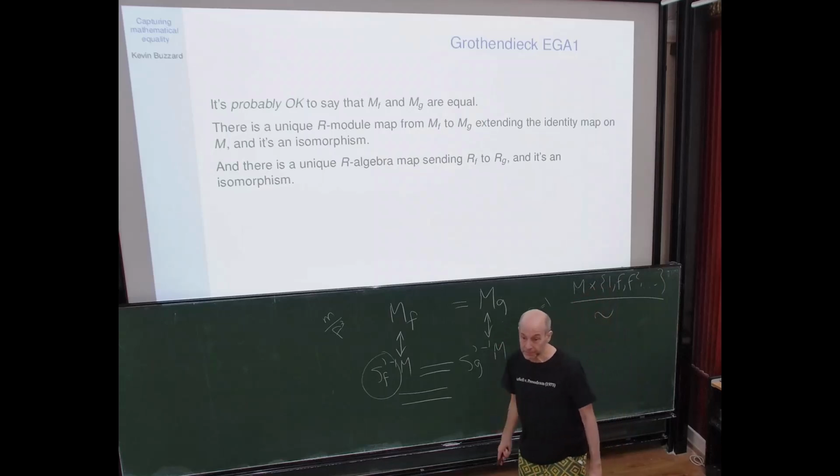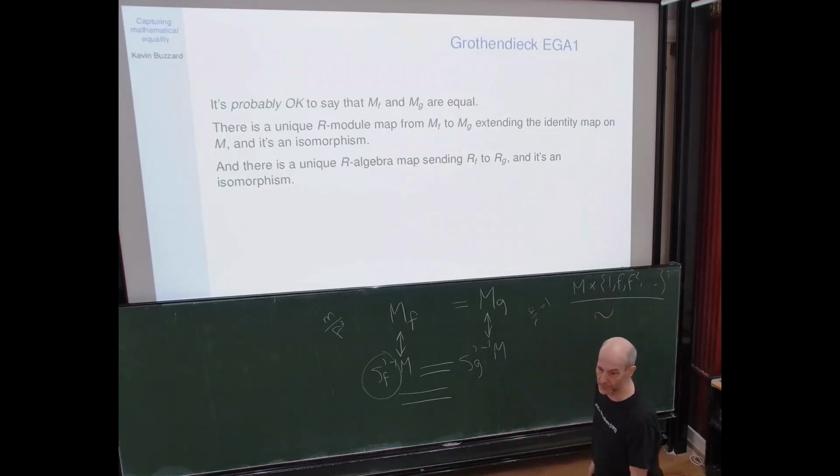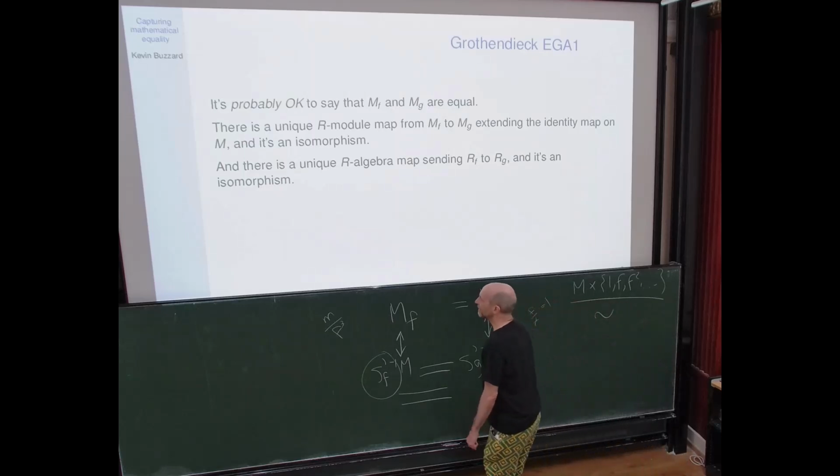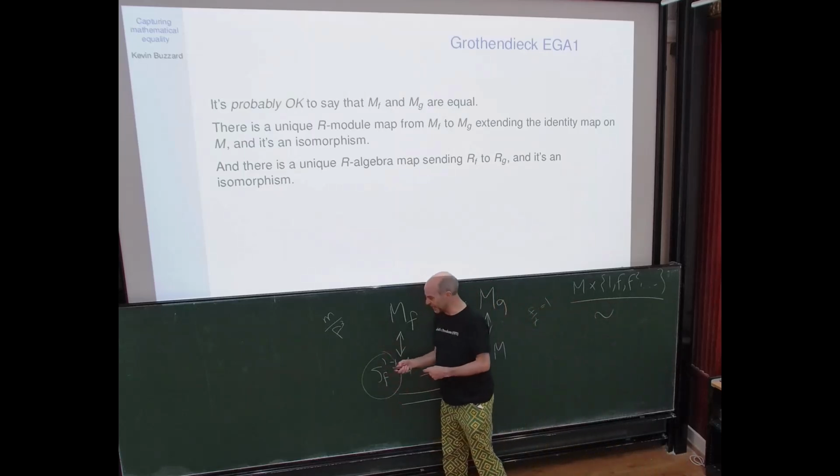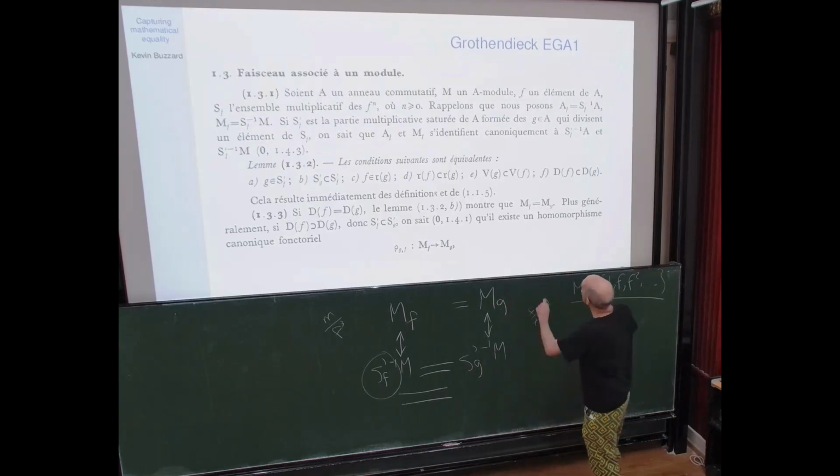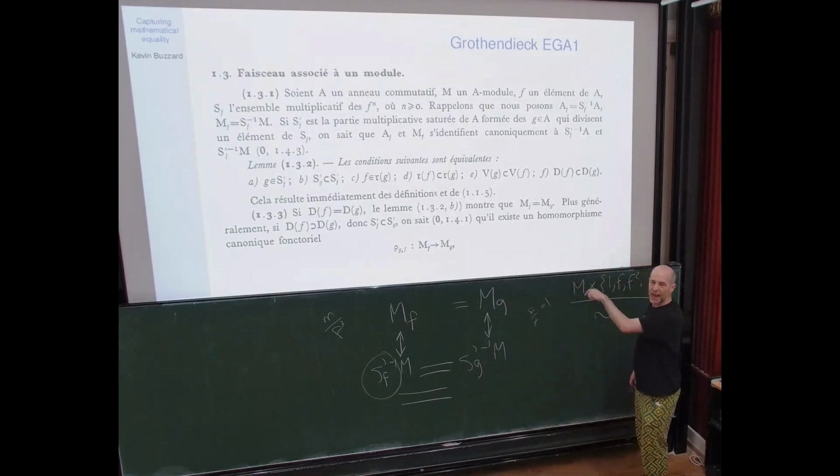So you're kind of saying that using the word canonical here is okay because there's a unique map? Yeah, but there's some implicit, Grothendieck knows that there are unique, obvious maps in both directions. Doesn't it mean that there is a way that is standard to obtain such a map from the inclusion?